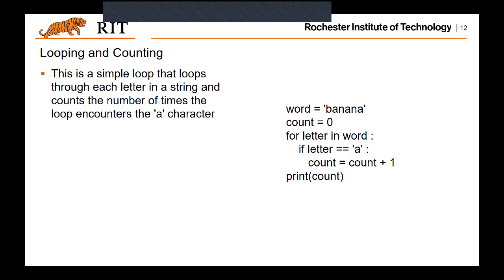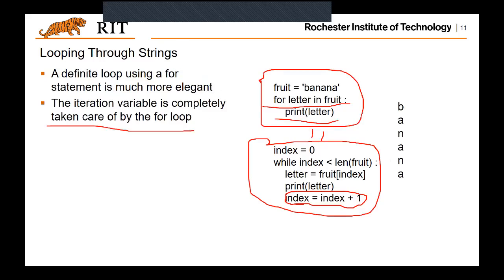In this for loop, one thing is missing compared to the while loop. Although you can retrieve each character of the string in each iteration, you don't have the index associated with each character.